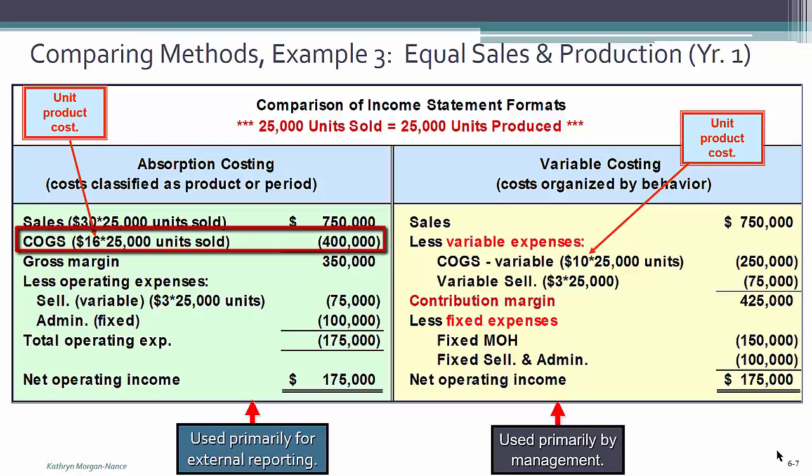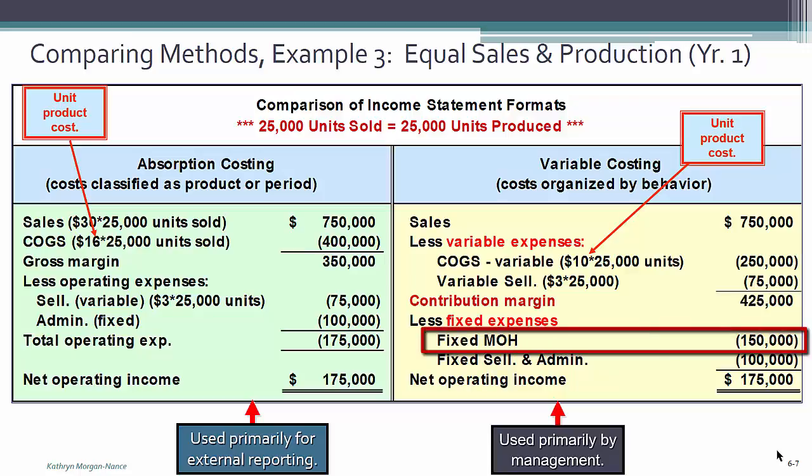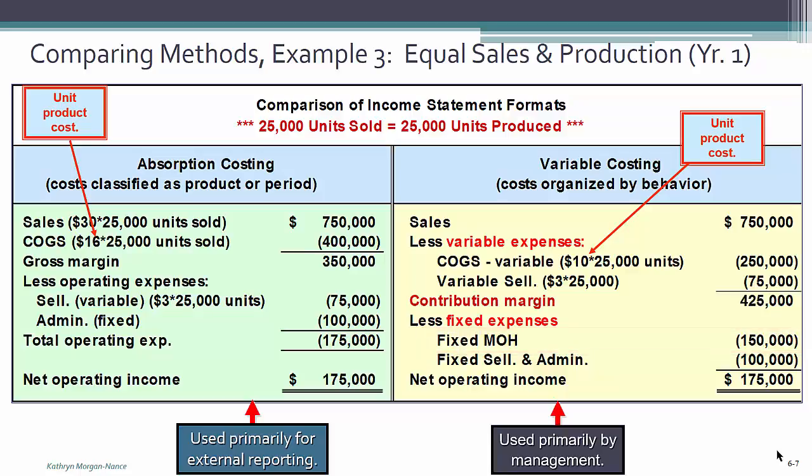When variable costing is used, as is illustrated on the right, cost of goods sold only includes variable manufacturing cost of $10 per unit. It excludes fixed manufacturing overhead. 100% of the fixed manufacturing overhead of $150,000 is reported as a period expense when using variable costing. This is the only dollar difference between absorption and variable costing methods.